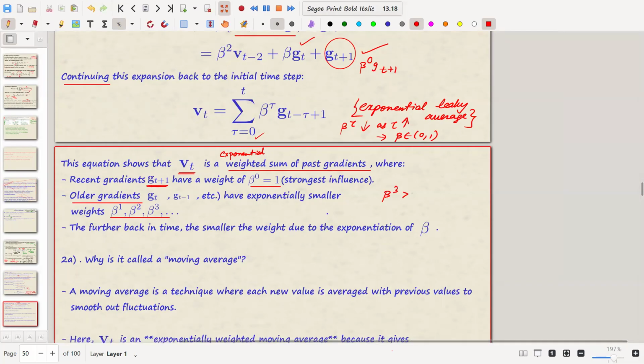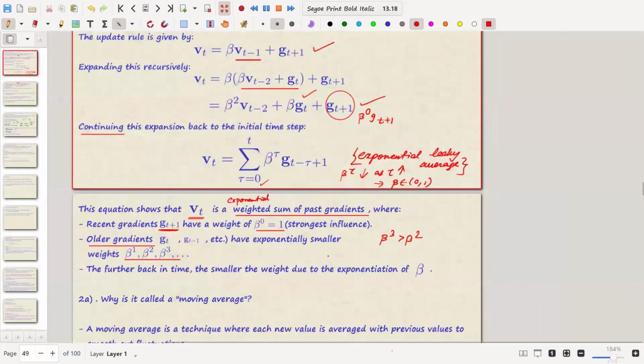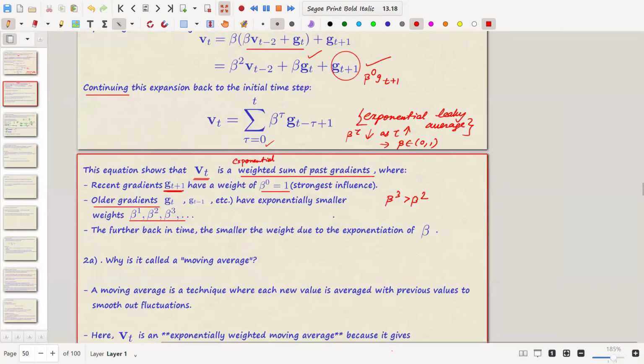Beta to the power 3 greater than beta to the power 2. How many say yes? Is it correct?